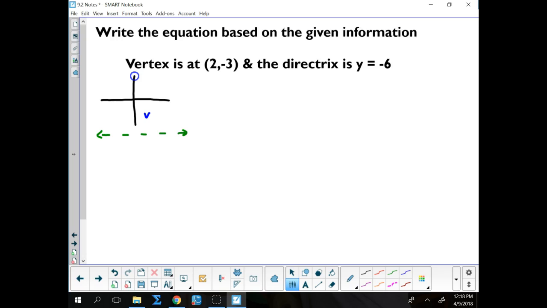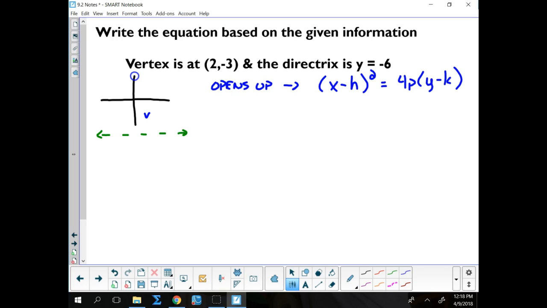So that tells me that this parabola is going to open up, correct? Which is an x minus h quantity squared equals 4p times y minus k type of parabola. Yes? And 4p is positive because it's opening up.